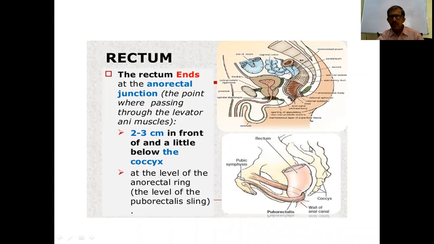As you can see in this diagram, it ends at the anorectal junction, and this is the puborectalis muscle, which encircles only posteriorly and to some extent laterally, but not anteriorly.